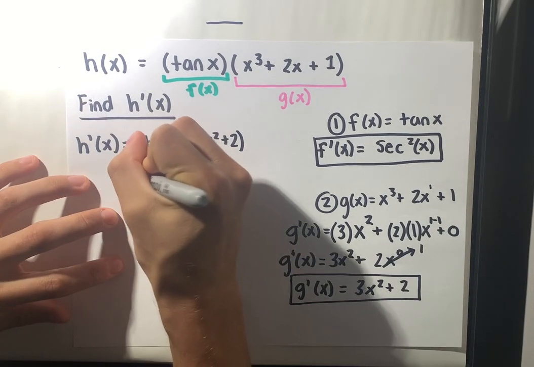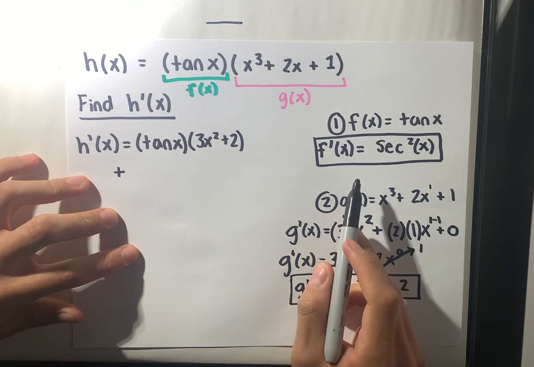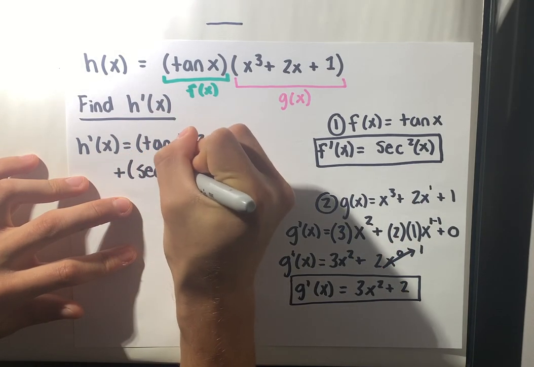Now we add that to the derivative of the first function, which is f prime at x, or secant squared x.